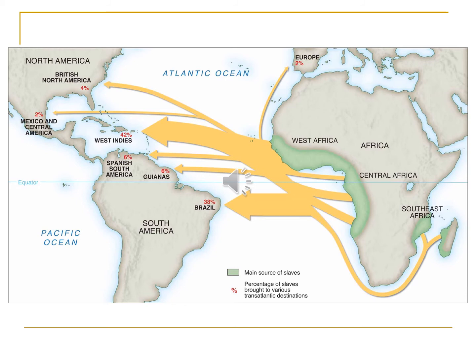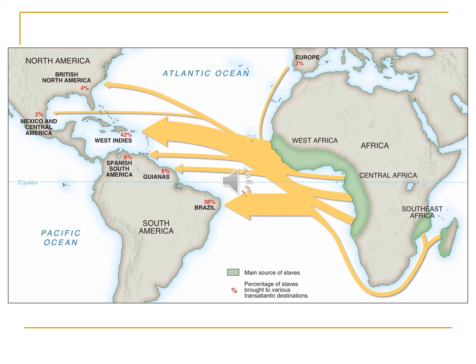This map shows the Atlantic slave trade in Africa, where most of the slaves came from, and the arrows show where most of them went initially. Now, as you can see, as I mentioned before, very few went directly from Africa to British North America, to what is now America.